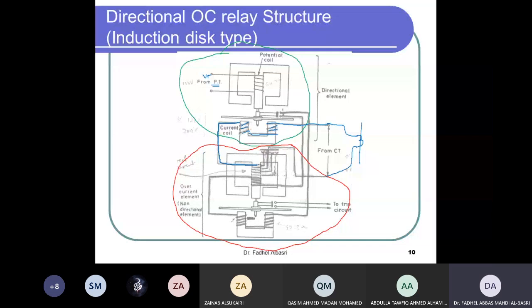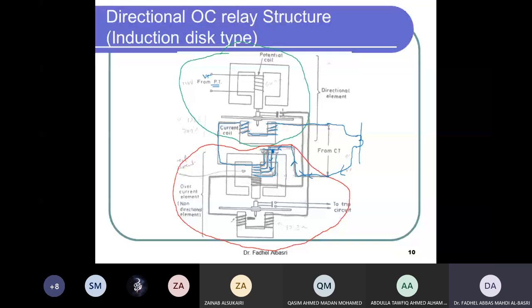So this is the flow of the current from the CT. It will come here, then go on to whichever plug setting. Suppose I chose this plug setting, the current will come here, then here, and return back to the CT. So it will go to the current coil of the directional unit and then to the current coil of the overcurrent relay.